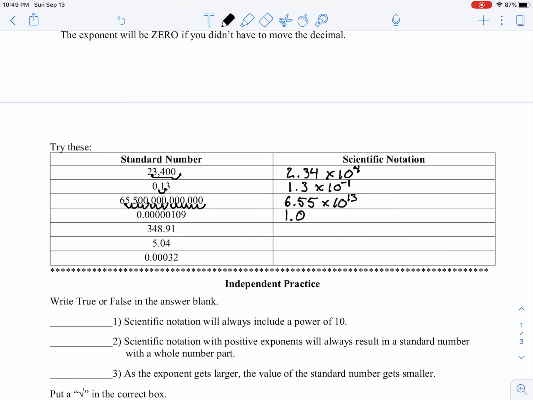So next up, make our number between 1 and 10, in this case 1.09, times 10 to the, and our decimal would go there, so we need to see how far left we need to move it. So 1, 2, 3, 4, 5, and that would be negative 6, since our number is a decimal number smaller than 1. We would have a negative exponent.